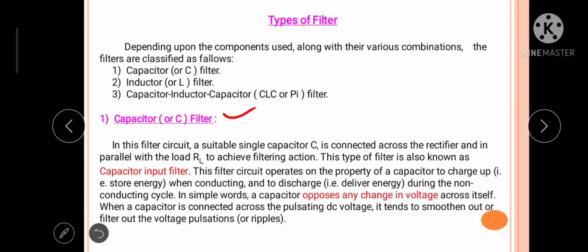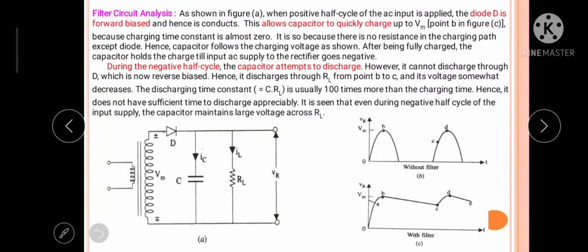In simple words, a capacitor opposes any change in voltage across itself. When a capacitor is connected across the pulsating DC voltage, it tends to smoothen out or filter out the voltage pulsations.